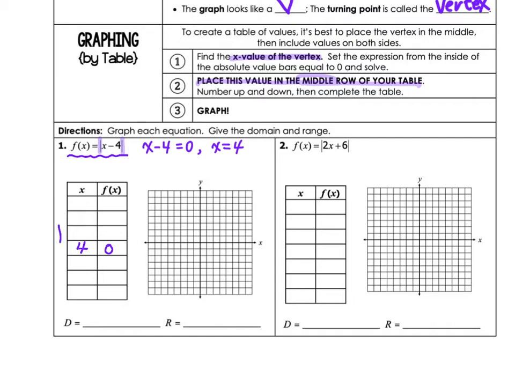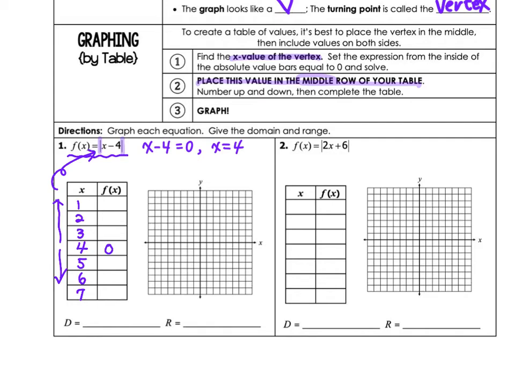From the middle going up, you're going to put the lower values, which are 3, 2, 1. And then from the middle going down, you're going to raise the value: 5, 6, 7. And you plug each x value into the original function.